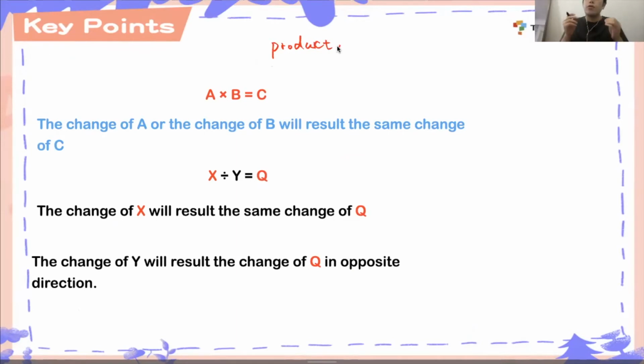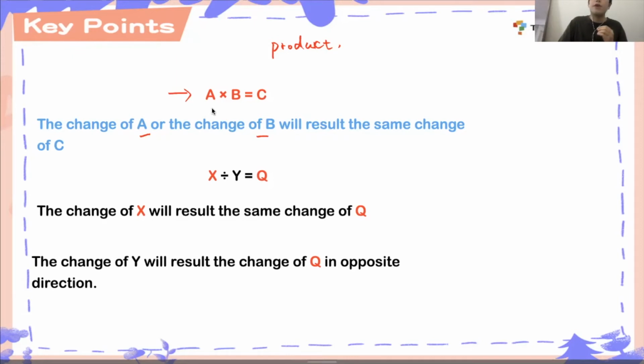So we learned something like when a multiplier changes, how the product changes. And we also learned when the dividend or divisor changed, how the quotient changed. So for the first multiplication, we know the change of A or the change of B. So the change of either multiplier will result in the same change of the product, right?